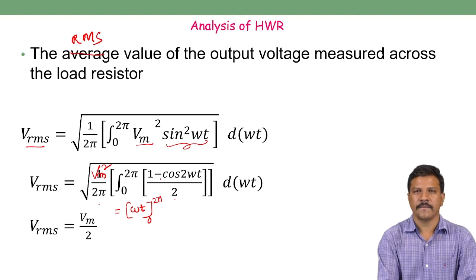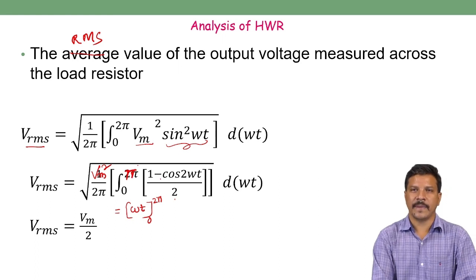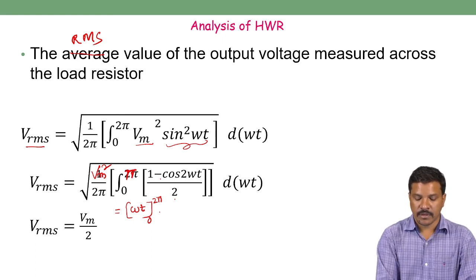Here it is a half-wave rectifier, so we can consider that the signal is available only for pi. So the limit is 0 to pi. Minus, what will be the integration of cos 2 omega t? It will be sin 2 omega t.